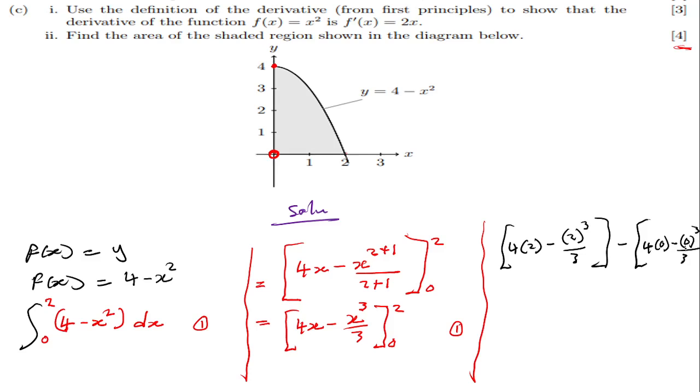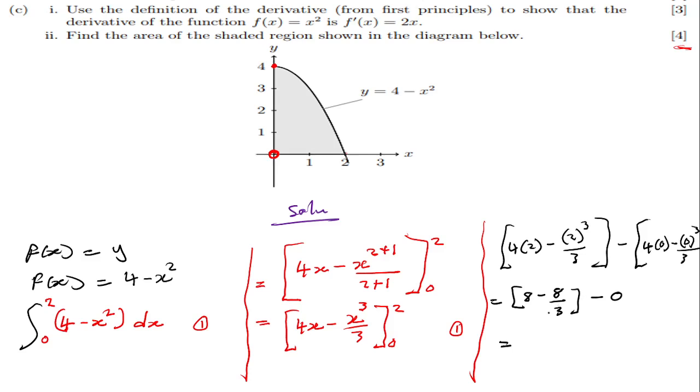So you're going to do 4 times 2, which is simply 8, and then minus 2 to the power 3, which is 8 over 3, and then minus everything is 0.